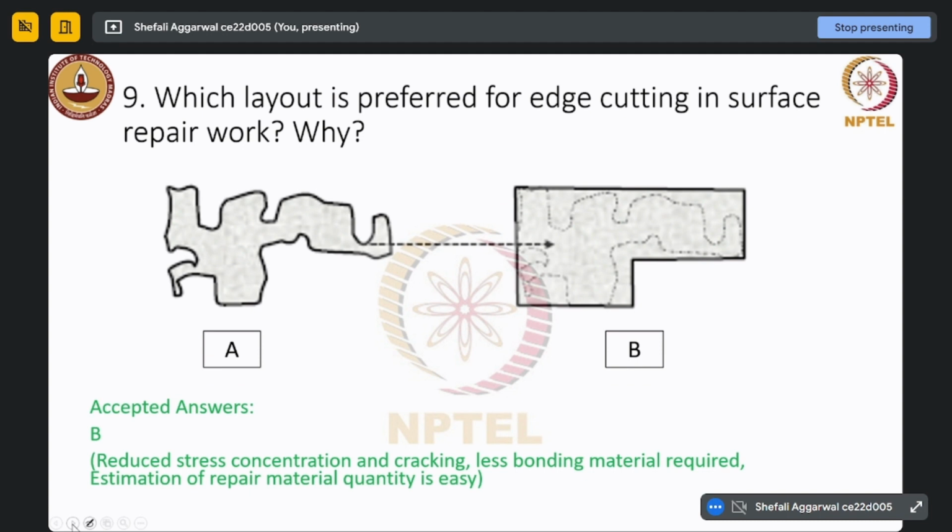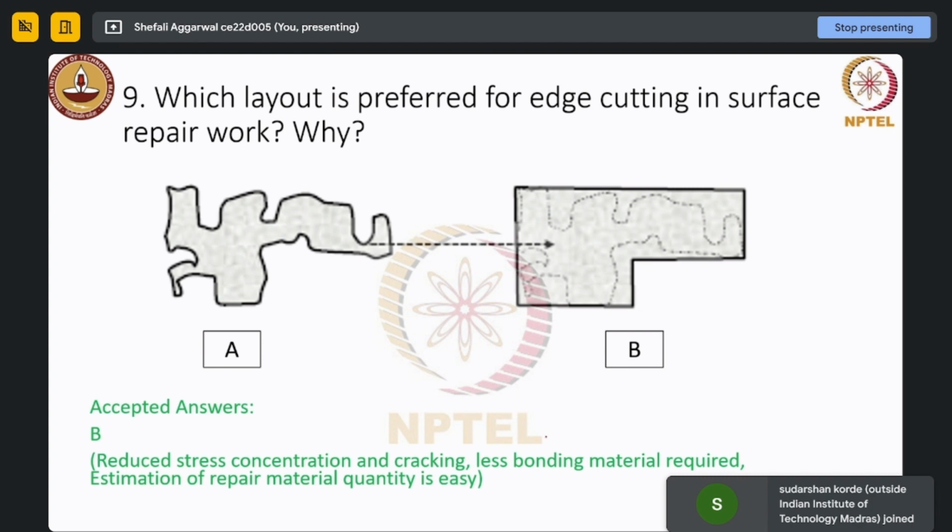So these are the different reasons why we are choosing this type of structure. It is reducing the stress concentration; the more the surface area, the more will be the stress there. Secondly, it reduces cracking. Also, we need less bonding material. If we have more surface area, more bonding material will be required, so from a financial point of view also we need less bonding material.